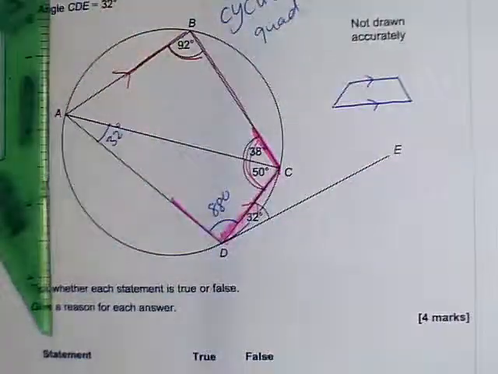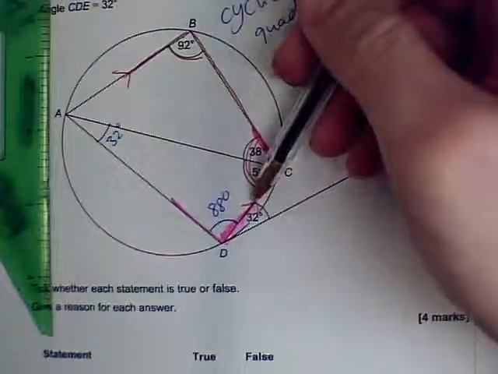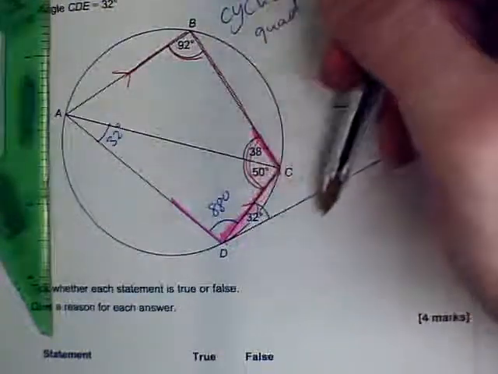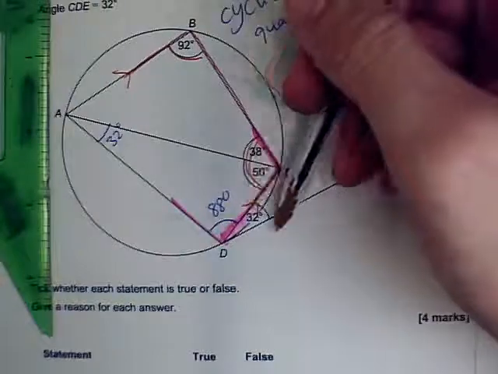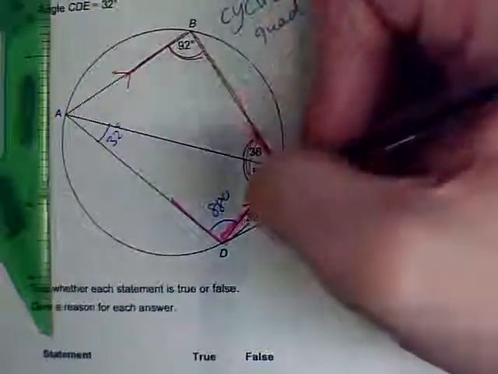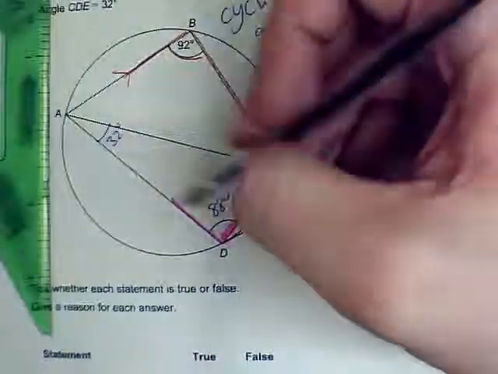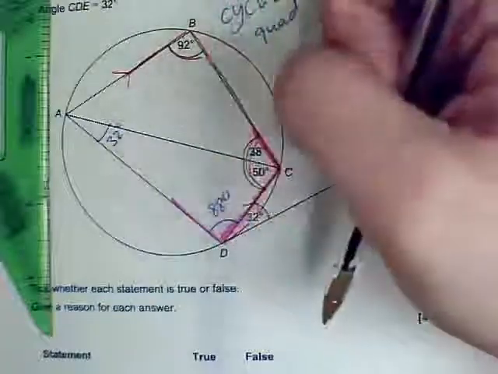The alternate segment theorem says that the angle formed between the tangent and the chord will equal the angle in the opposite segment.